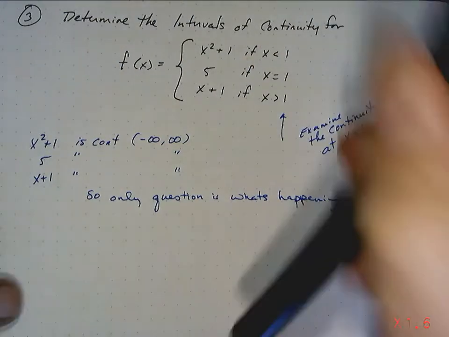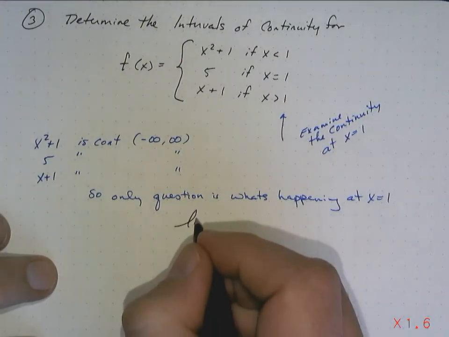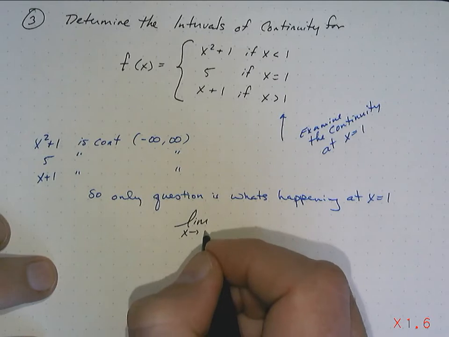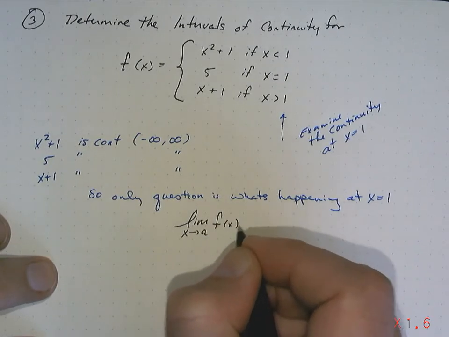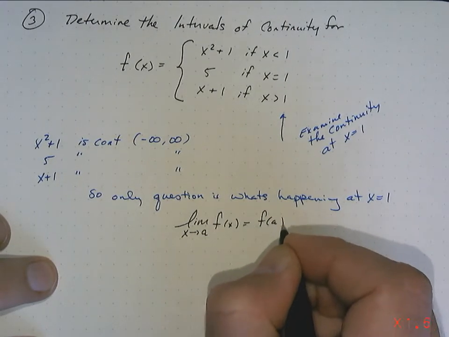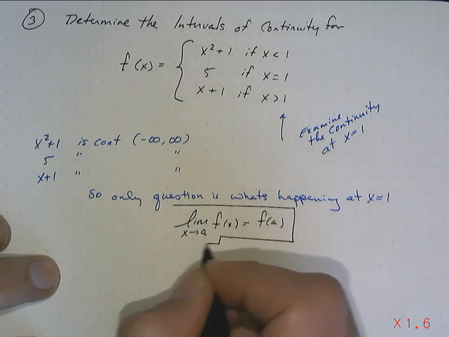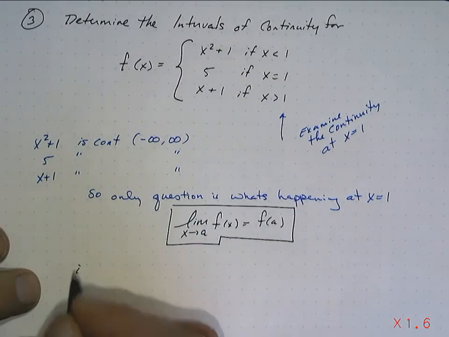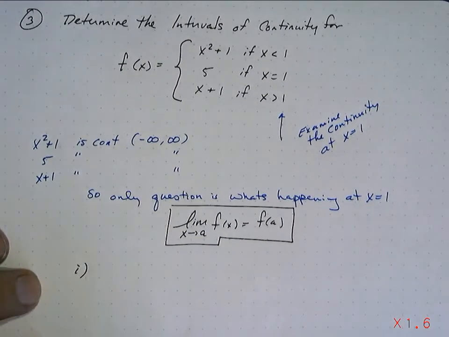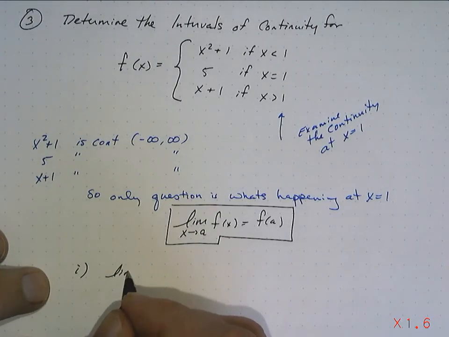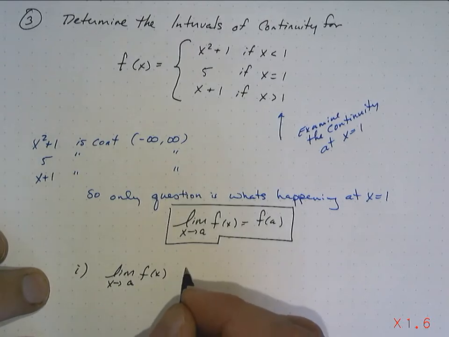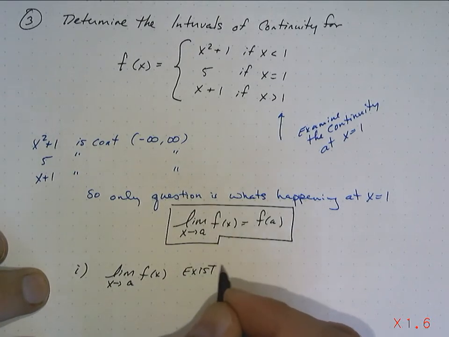Okay, so to be continuous at a point, let's remember our definition. It's always good to write this out once in a while. Know what it means. So condition 1, we have to have a limit. Does it exist? At this point, that's a question.